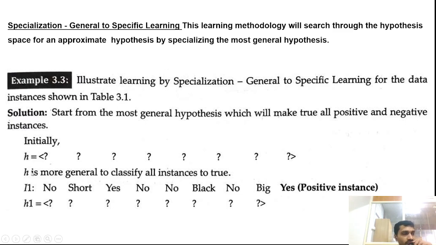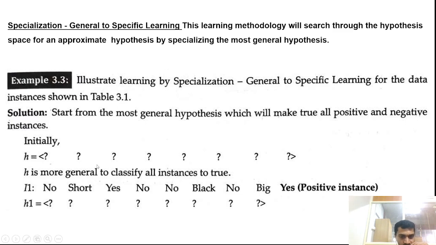Now you can compare this question mark with your iteration 1, that is a positive instance: no short, yes, no no, black no, big, yes, positive instance, right? Here question marks are there. Question mark means it will take any value, so I won't replace the question mark with this. So hypothesis 1 I have defined with the question mark.